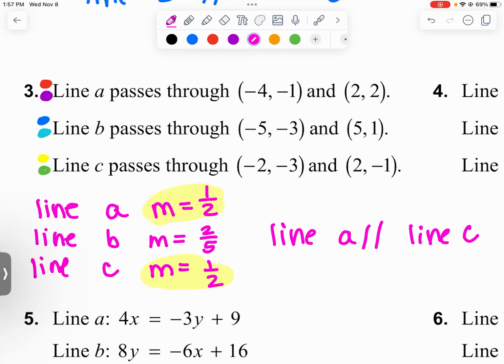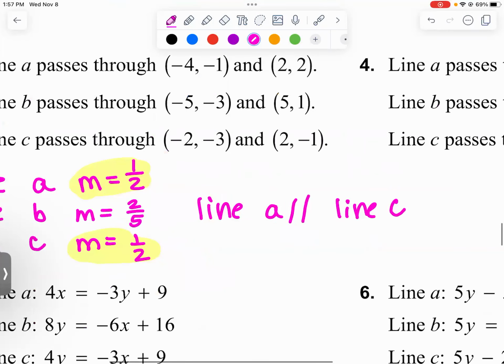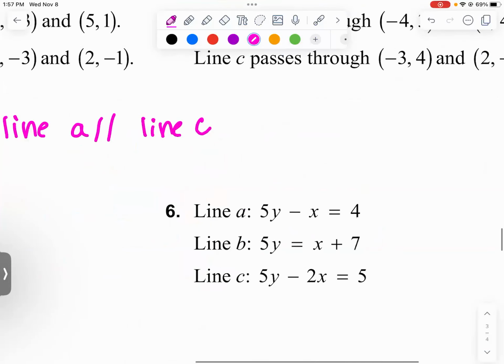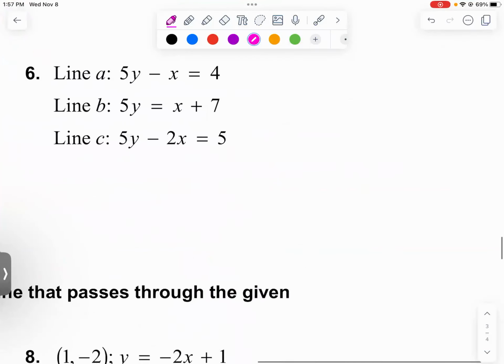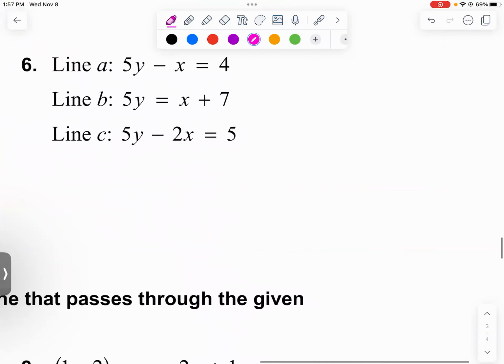Now, we're gonna head over to number 6. If I'm going to determine if we have any lines that are parallel or perpendicular, what are we gonna need to do with these equations? Balance. Like, make sure everything's on the right side.